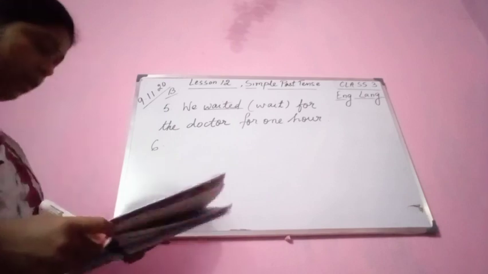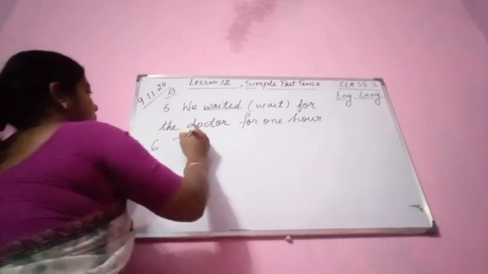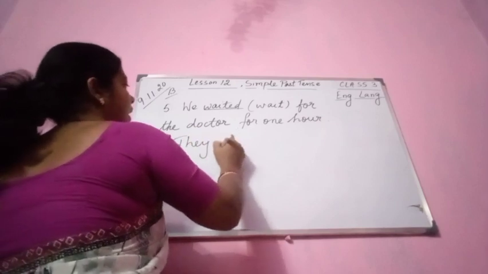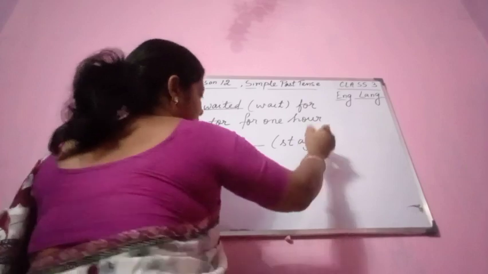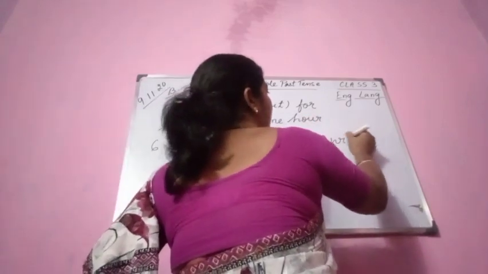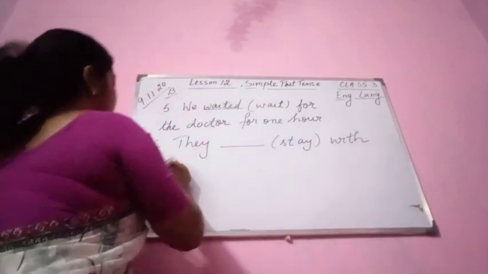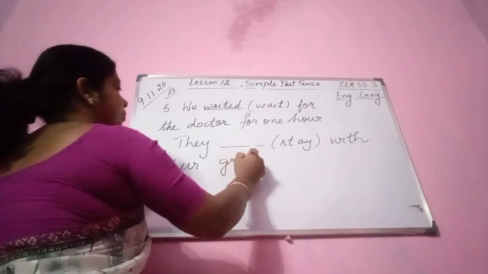Number 6, you see. They dash with their grandparents in Pune. The verb given here is stay. They stayed with their grandparents in Pune.